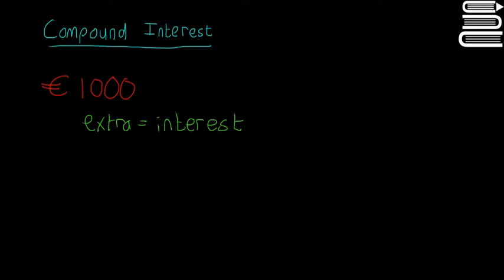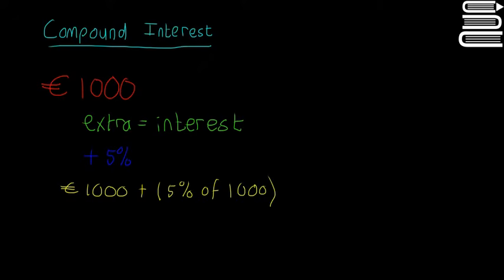So say for example, you have to pay the €1,000 back plus 5% extra, or 5% interest, all right? So in that case, you're going to have to pay back €1,000 plus then 5% of 1,000. That's the total amount you're going to have to pay back.